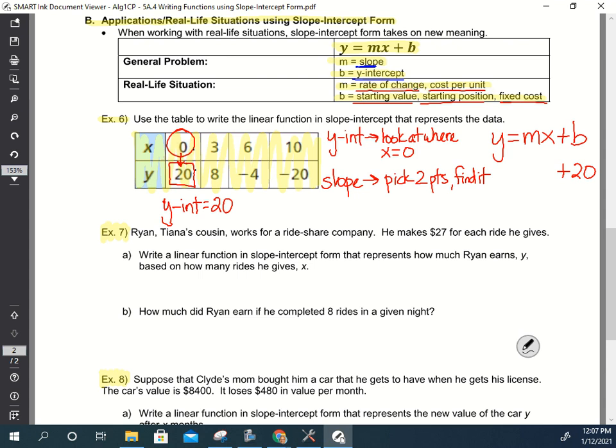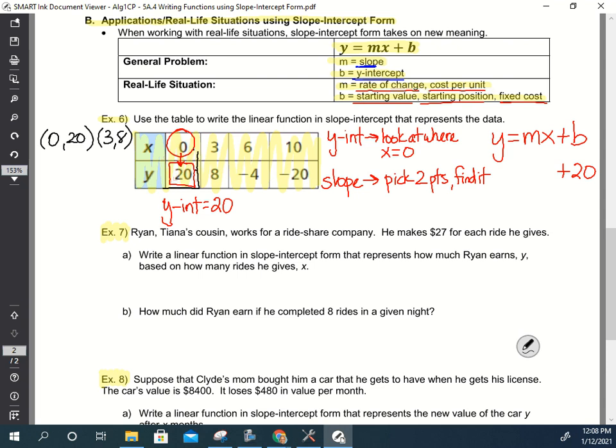So 0 and 20, and 3 and 8. I just picked the first 2 points. So you might be thinking, Mr. Lowe, how did you know to pick those 2? You can pick whichever ones you want. Pick 2 of whatever one you want.